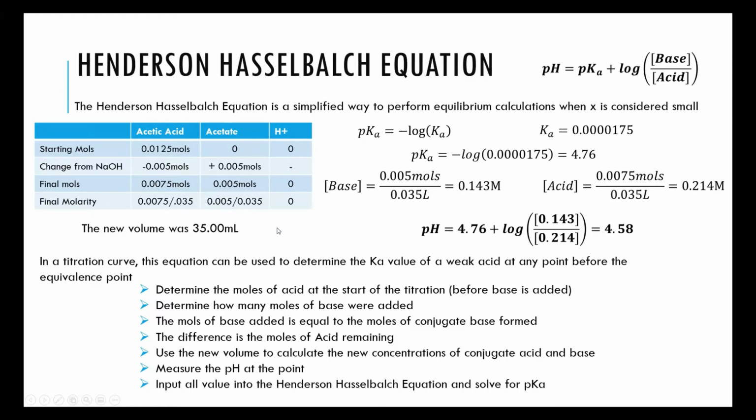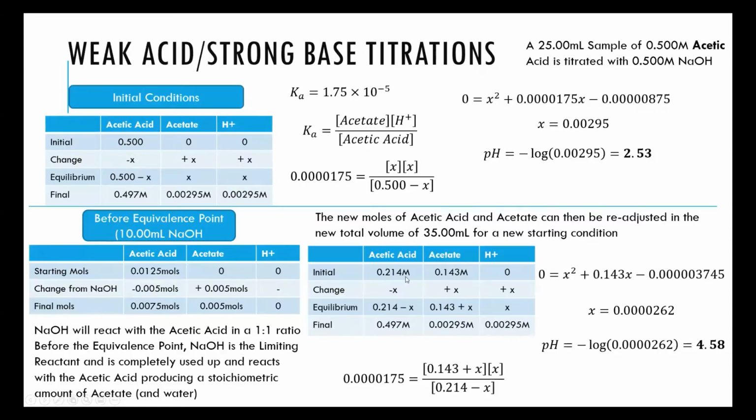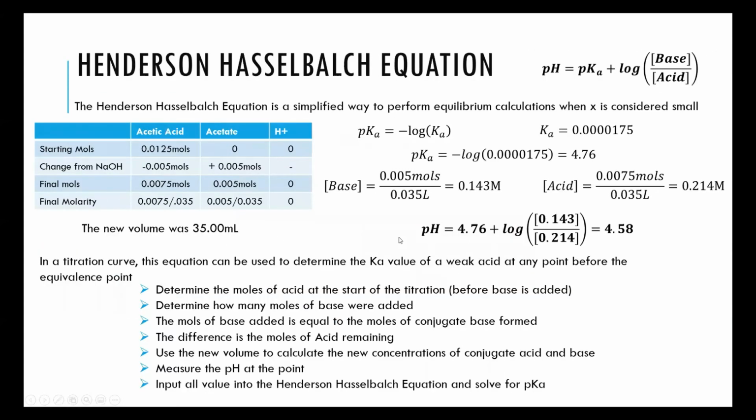So we already looked at that as the initial concentrations previously. We saw these initial concentrations of acetic acid and the acetate. And that's what you're going to be plugging into the Henderson-Hasselbalch equation. What are those initial concentrations once they've been diluted because of the new volume?